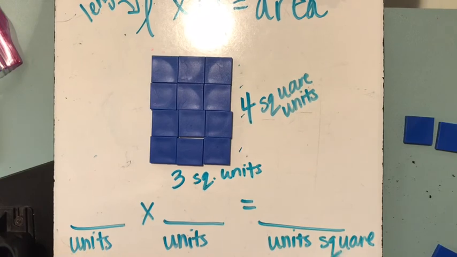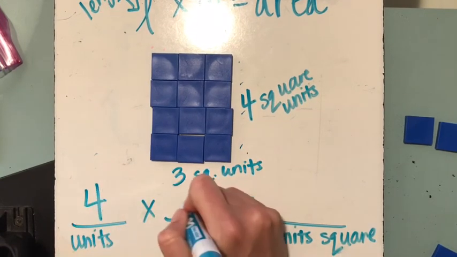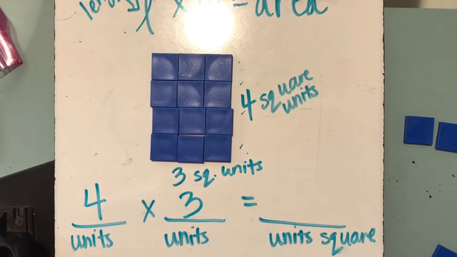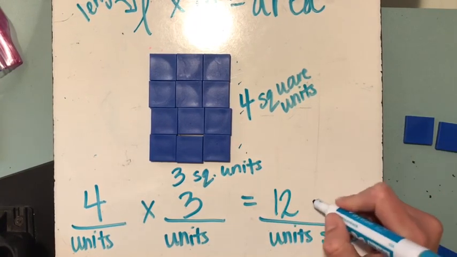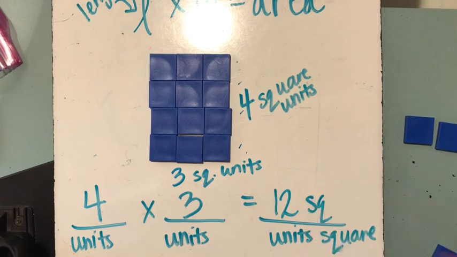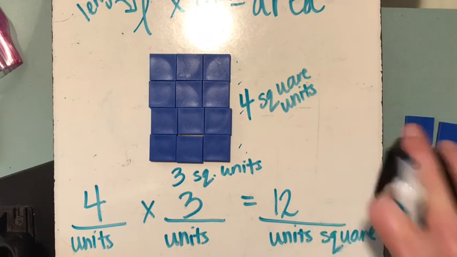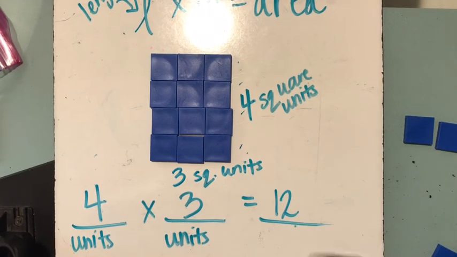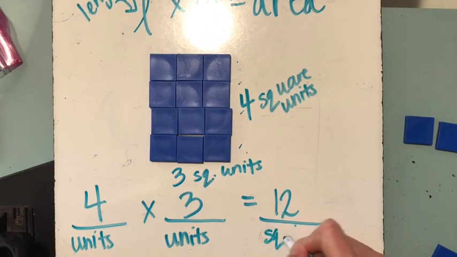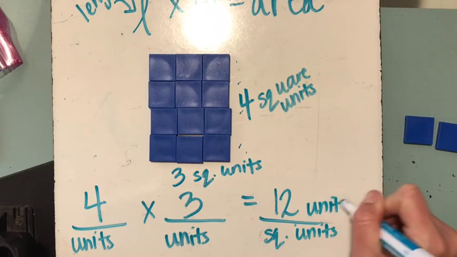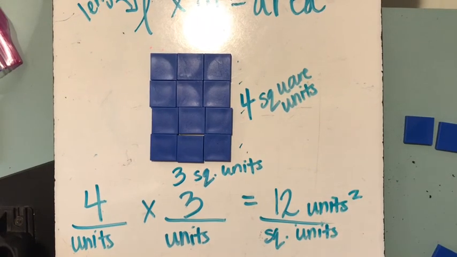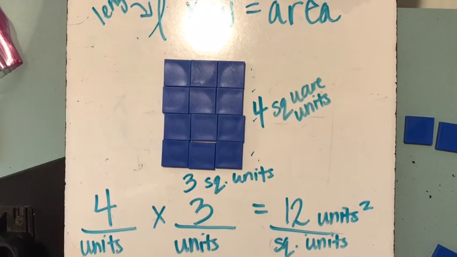So now I can plug those numbers in and find my area. 4 times 3 is 12 square, oops, I already have units squared in there. Oops, I wrote that wrong. Square units, or units squared.